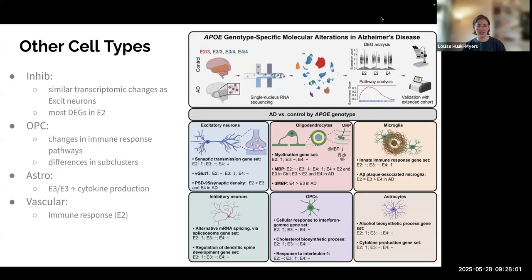OPCs, they found changes in the immune response pathways, and there were some differences between subclusters. For astrocytes, in E3, they find distinct differences. They find an increase in cytokine production, and then in vascular cells, they find changes in immune response in E2. They have this little graphical summary that breaks down some of these differences.